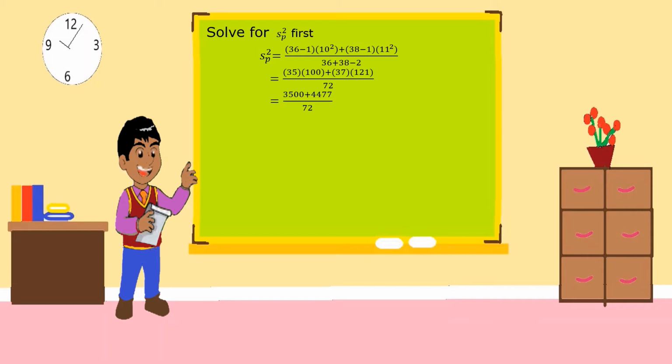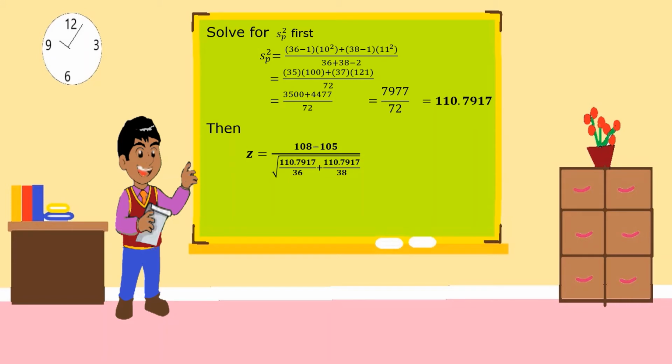And then 35 times 100 is 3,500. And 37 times 121 is 4,477. That's why we have there 3,500 plus 4,477 all over 72. And then we have 7,977 over 72 or 110.7917. Substitute the values to our z.